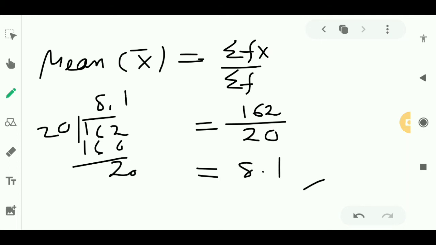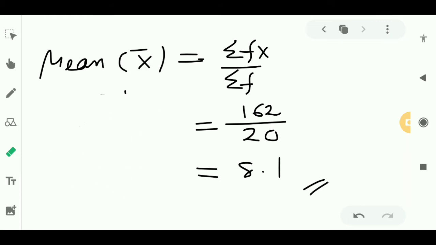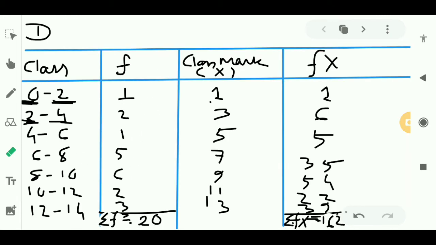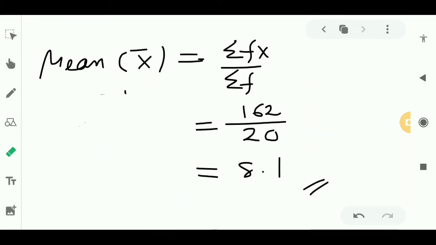So 8.1 will be the answer. And this method is called direct mean method, where we are finding out class mark, multiplying that, then finding summation fx, summation f, then dividing them, you will get the answer.